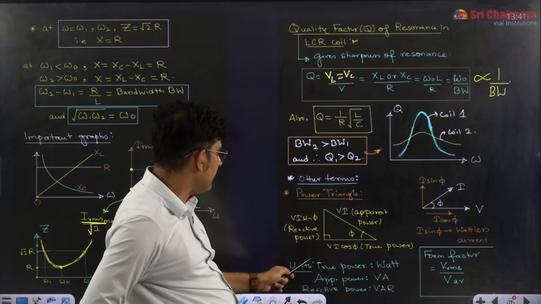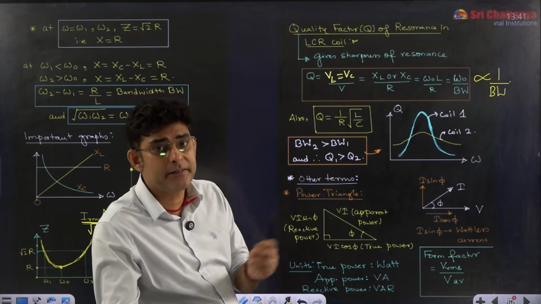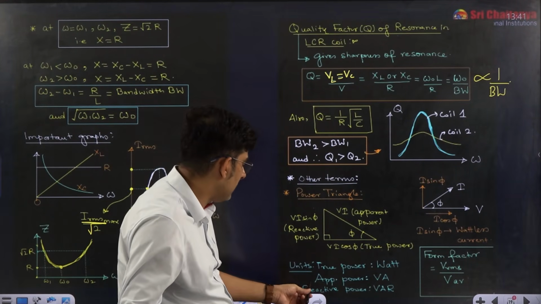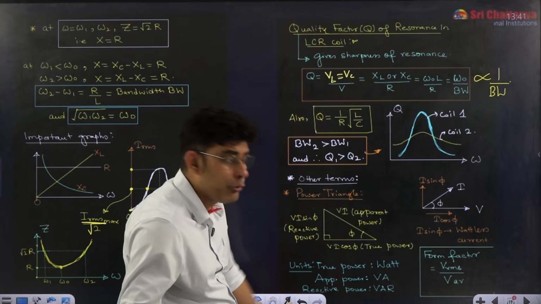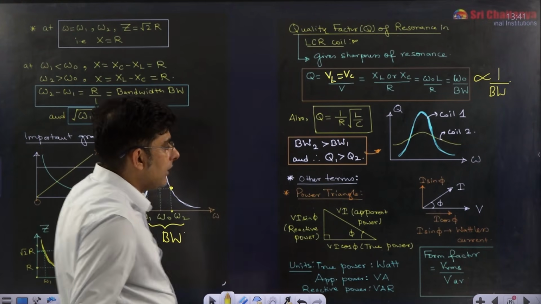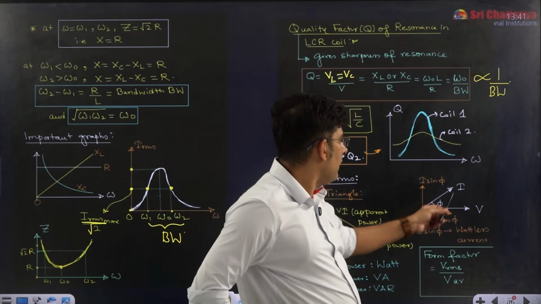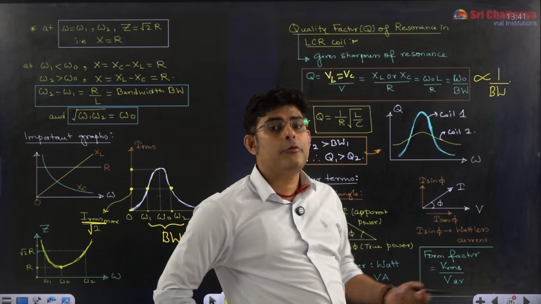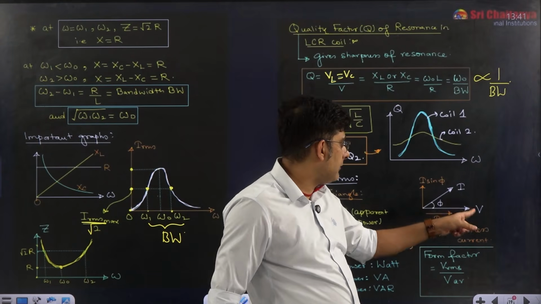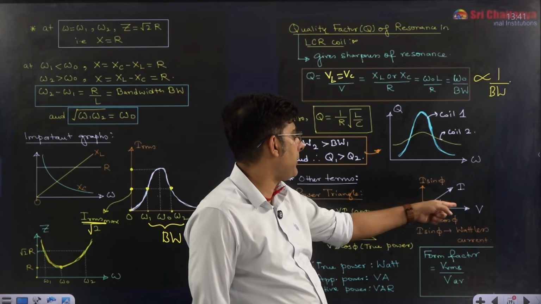And when you see VI sin phi, it is called reactive power because of reactive elements like capacitor and inductor. So this one has a unit volt ampere reactive, VAR. One more term is used, which is called wattless current. Sometimes they will ask you what the wattless current is. If current and voltage differ in phase by phi, then take the component of current which is perpendicular to voltage.